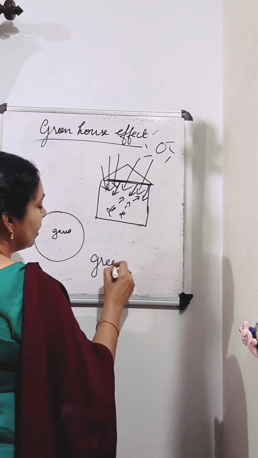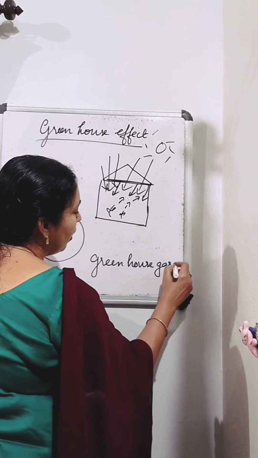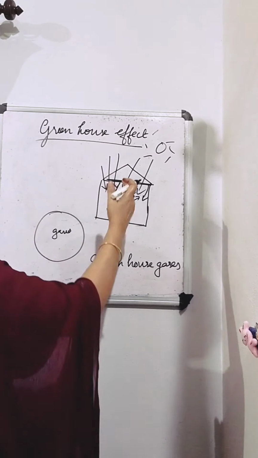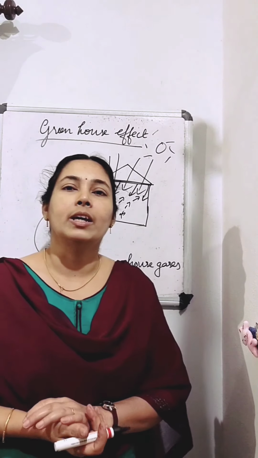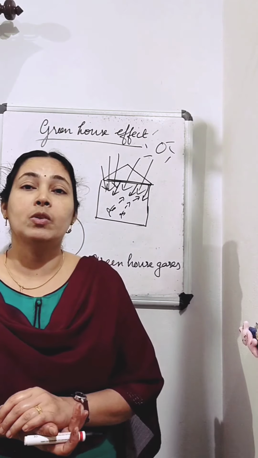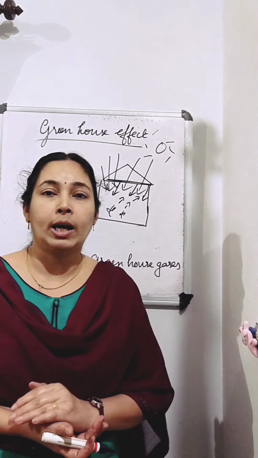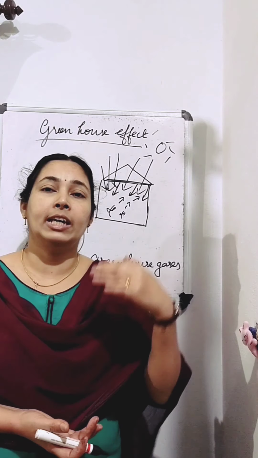They are called greenhouse gases because they won't allow heat to go out from the Earth. Okay, so greenhouse gases are the gases in Earth's atmosphere that trap heat. They let sunlight pass through the atmosphere, but they prevent the heat from leaving.